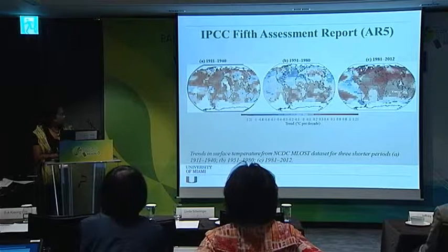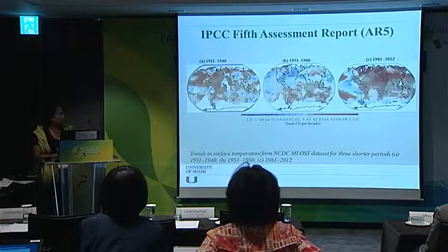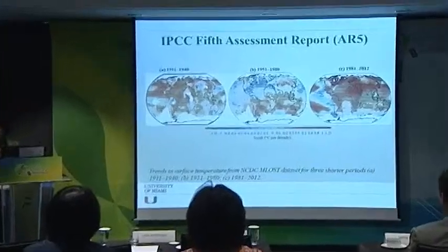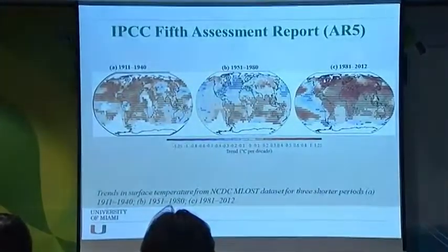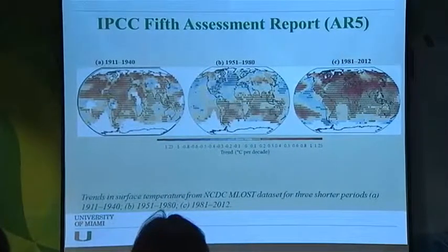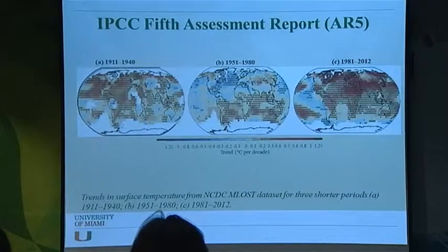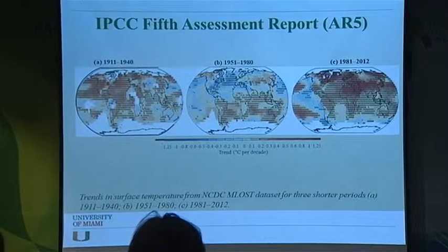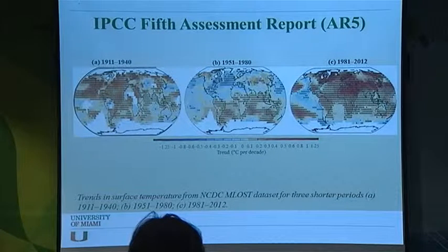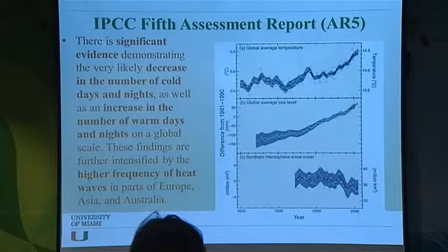As you can see, in the in-between period, 1951 to 1980, we did experience a little bit of cooling, which generated a lot of articles during that time in the 70s, especially about global cooling. However, in the latest period, 1981 to 2012, most areas, most land surface at least, has experienced substantial warming, temperature increase.